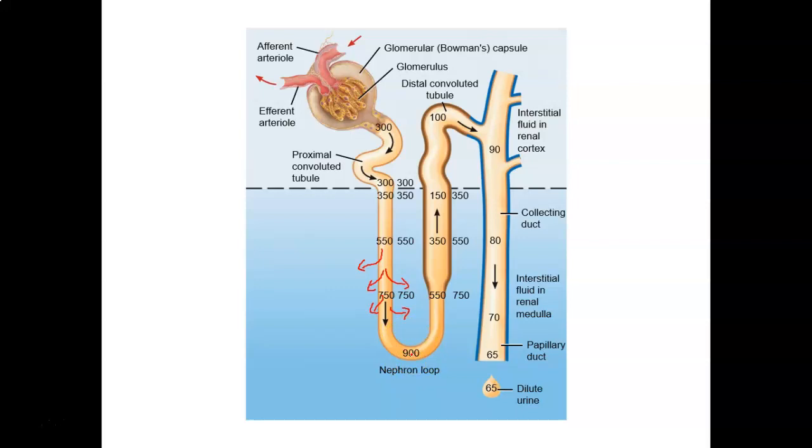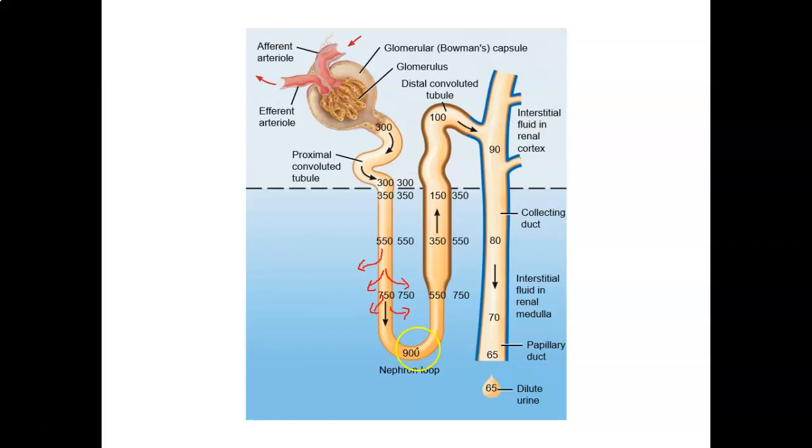Now, as we start to go up the ascending limb, think of it. Because this all happens very quickly, as the concentration increases, what did we just talk about with diffusion? That's when molecules go from an area of high concentration to low concentration.